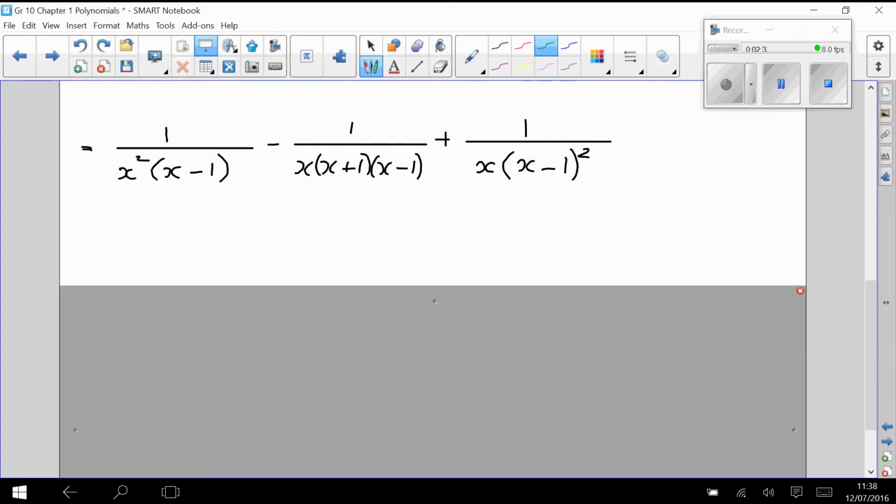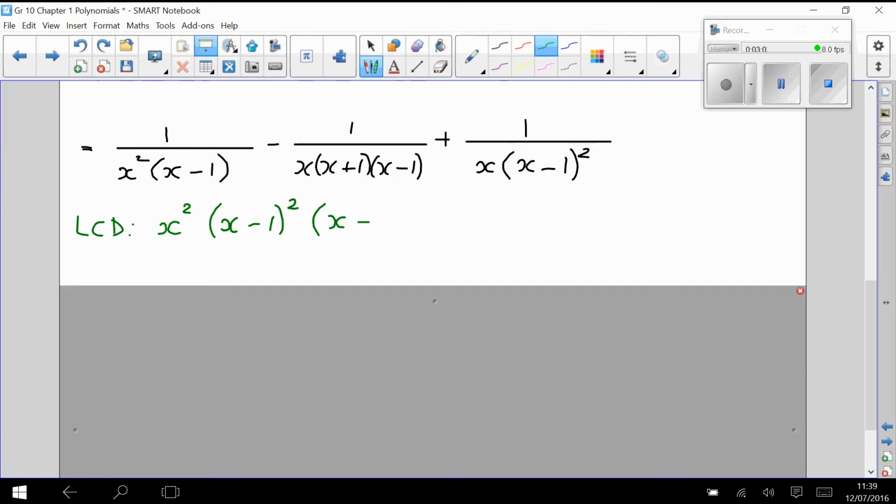As my LCD is the most of all types of factors, I must have 2 of the x factors because there's an x squared, an x, and x squared is a greater degree for that factor. There is only one x minus 1 factor in the first two terms, but there are two x minus 1 factors in the last term, so I must choose the x minus 1 squared.